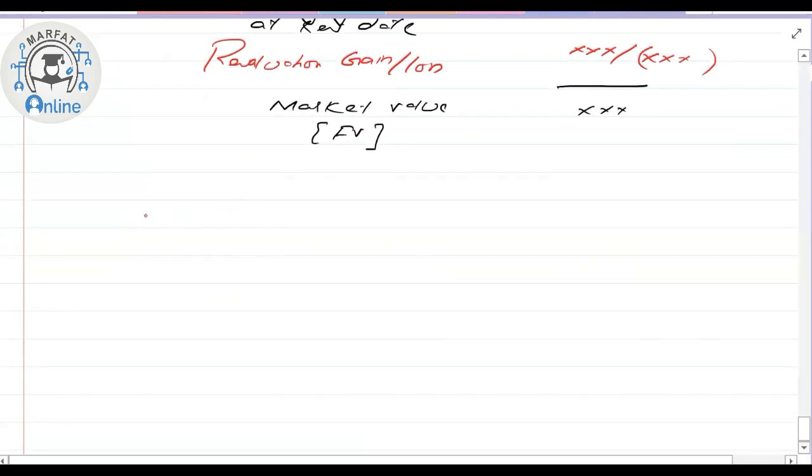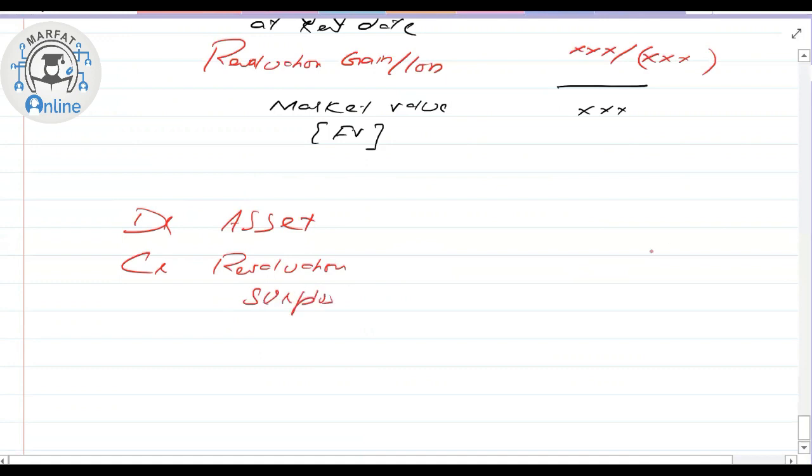Now, remember, when you have a gain, you debit asset and credit revaluation surplus. And when you have a revaluation loss, you first debit the revaluation surplus if there is any previous revaluation surplus.